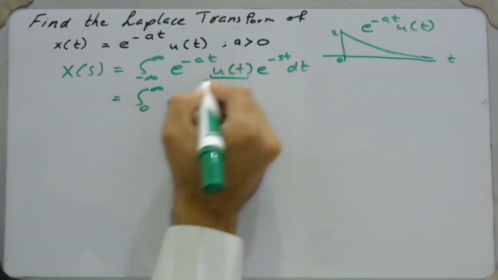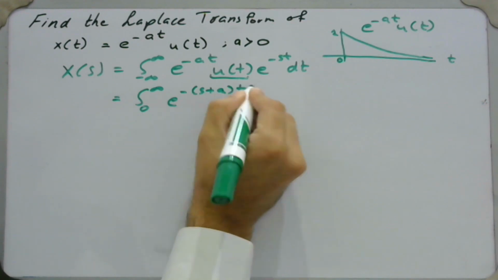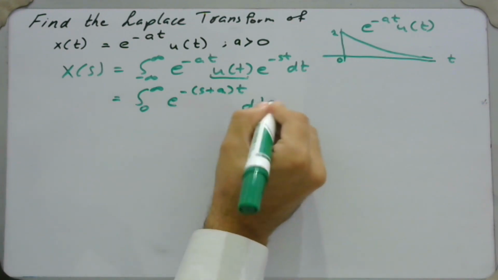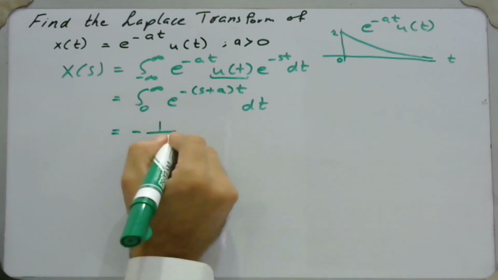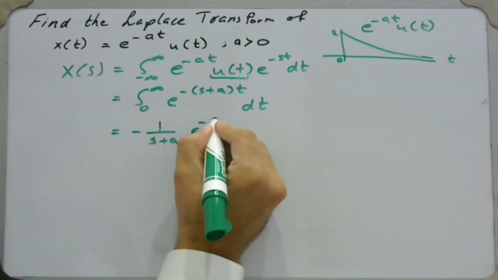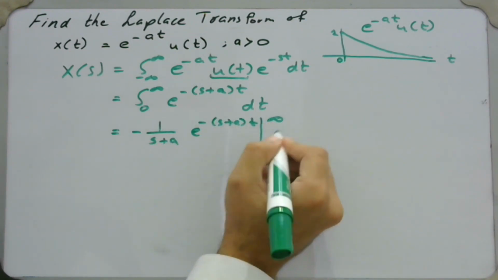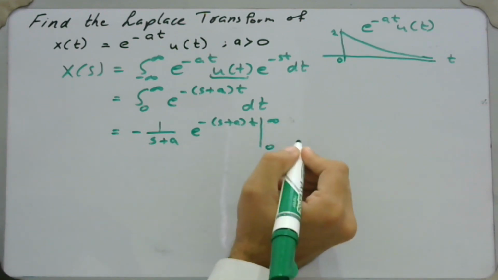Next, we can combine the two exponentials, so we would have e^(-(s+a)t) dt. The integration of this function is simply minus 1 over s plus a times the function, for t starting from 0 and terminating at infinity.